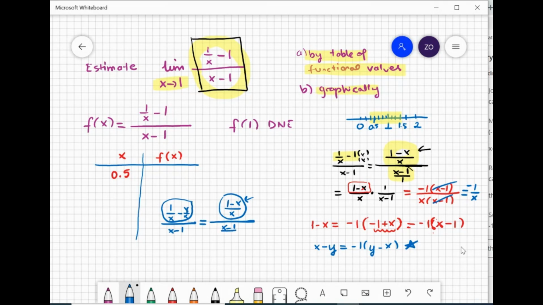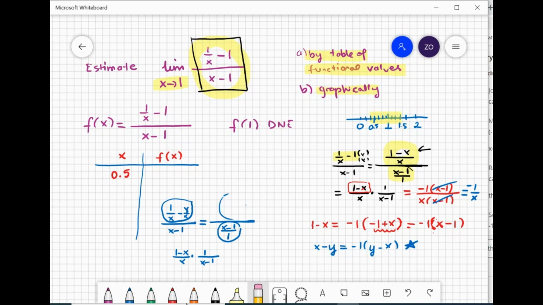So I just turned this into a fraction as well, so that we can divide. So keep the expression in the numerator and flip and multiply the denominator. So keep this, change the operation to a multiplication, and flip the other one, which is times 1 over x minus 1. Okay, so when you multiply these, you will find negative 1 over x.